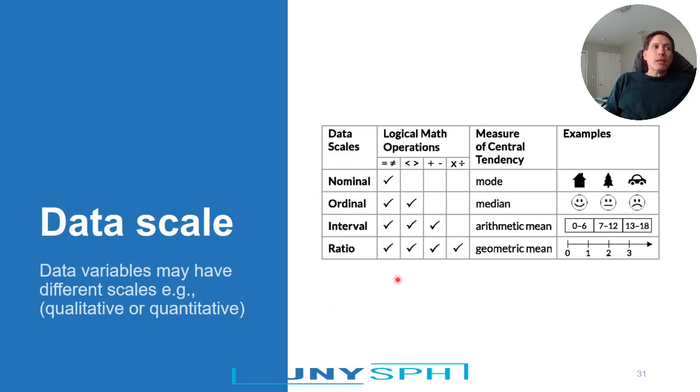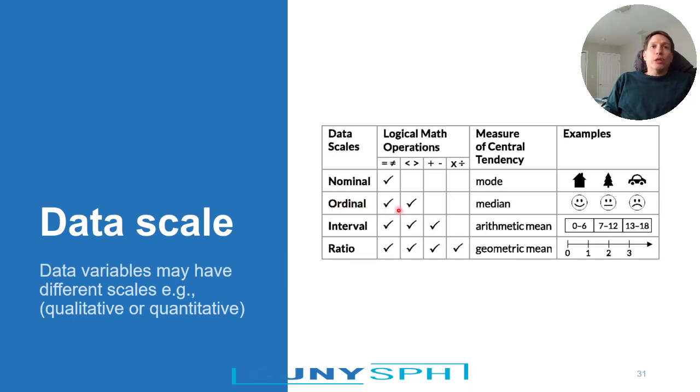Why? Because as you see, when we have discrete numbers, when you have a ratio, we can do a lot of logical and math operations. And we can do a lot of measurements. And it has more detail. But sometimes we cannot obtain that. We are having aggregated data by intervals. Then of course we are going to be limited in some of the operations. But we can preserve some of the other activities.